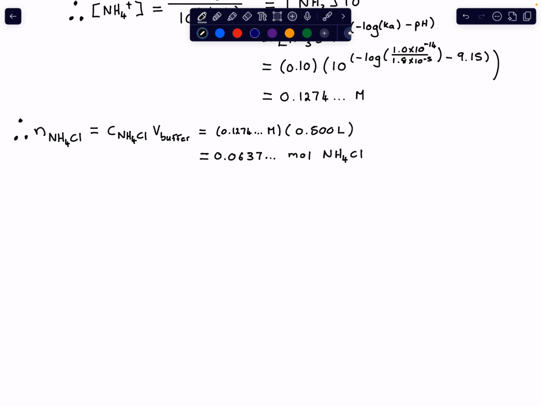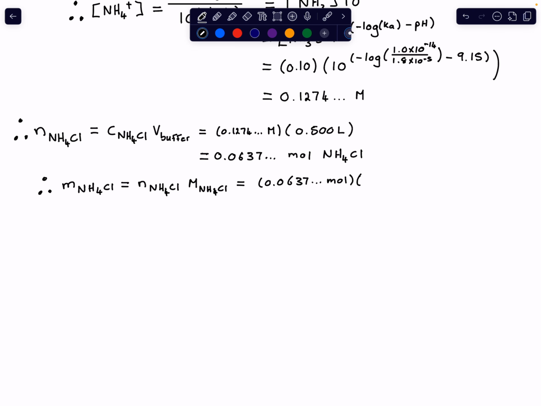And once we have the number of mole, we of course can get the mass, because the mass is just equal to the number of mole times the molar mass. So number of mole NH4Cl multiplied by the molar mass of NH4Cl, which in this case, remember you have to include the chlorine because we're interested in the mass of the salt.